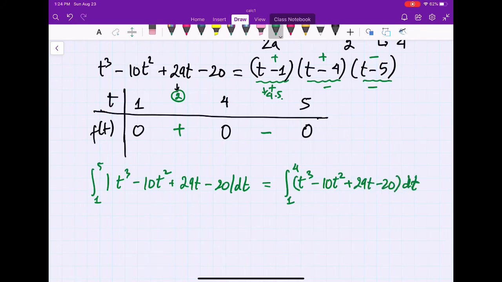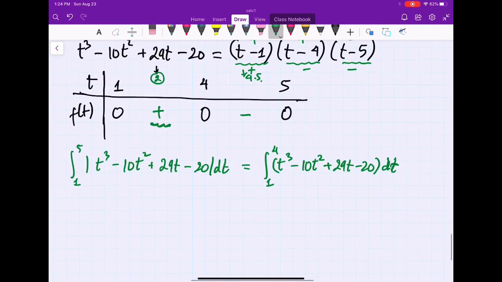Because the absolute value is just equal to that function, because we have positive in here. And then minus integral from 4 to 5 of t cubed minus 10t squared plus 29t minus 20 dt. Does that make sense? And now you just need to evaluate the antiderivative.